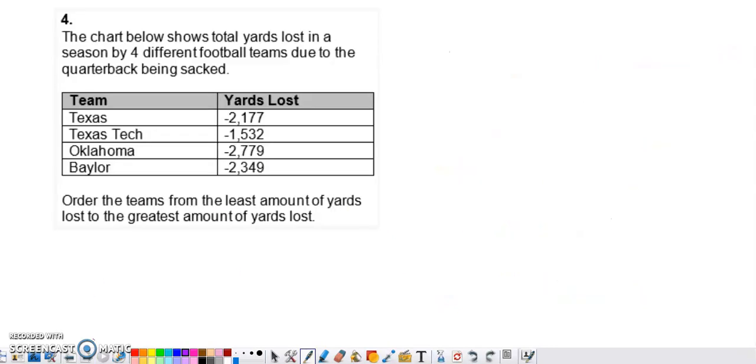Okay, number 4. The chart below shows total yards lost in a season by 4 different football teams due to the quarterback being sacked. Order the teams from least amount of yards lost to greatest amount lost. Okay, so on our number line, remember, things are a little trickier once we start getting into the negatives.